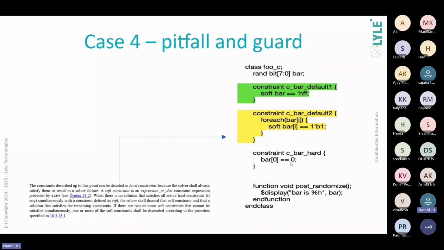So this soft constraint will be overridden by the constraint on bar. The lower order bit will be 0 always, so you'll always keep generating FE instead of FF. You need to take care of conditions like this.